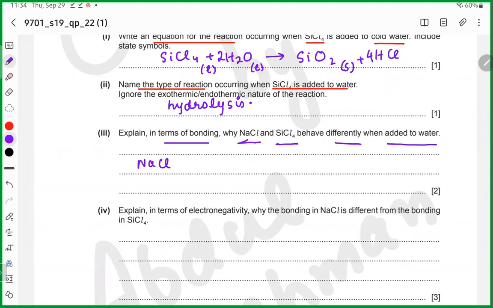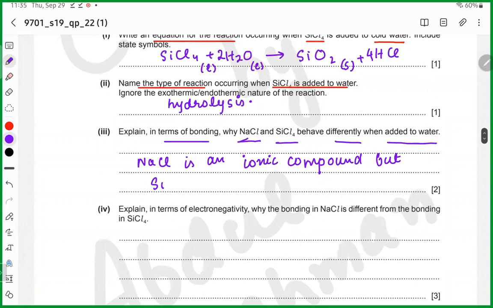We all know that sodium chloride is an ionic compound, but SiCl4 is covalent.